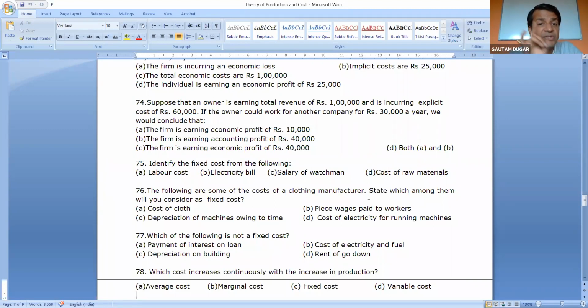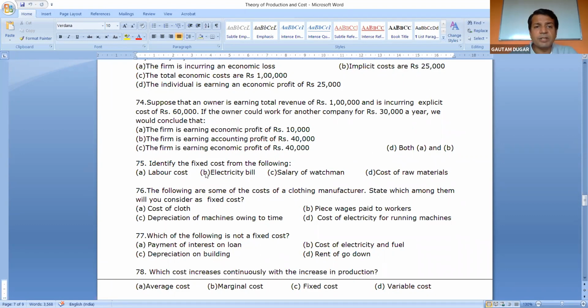Economic cost will include 60,000 plus 30,000, 90,000. So 1 lakh minus 90,000, you get a profit of 10,000. Got it? So for 74, I hope you got the answer. The answer is the firm is earning an economic profit of 10,000. That was A.